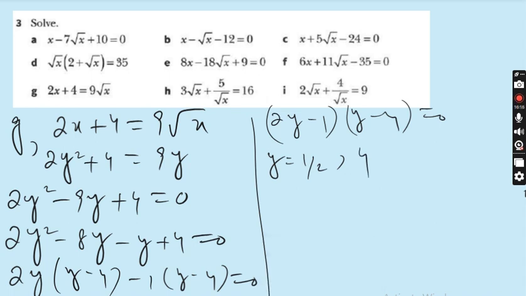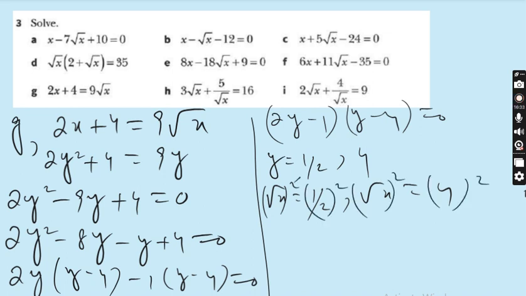And y was √x. Taking square both sides in both the equations, we will get x = 1/4 and x = 16. Both answers will be acceptable because if you put the values of x one by one in the given equation, the equation will be satisfied.